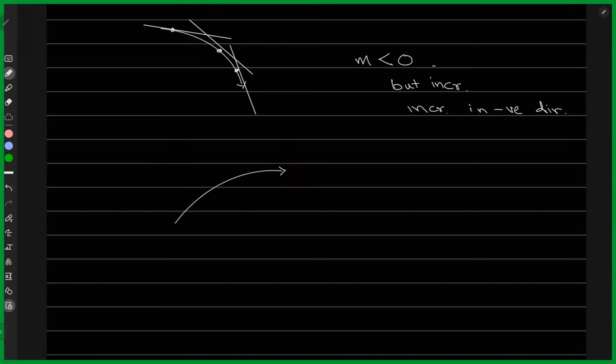Okay, so there's another shape that looks like this. Achha, in this one, you can have these points and draw tangents at these points firstly. At this point, the tangent is almost horizontal. Okay, so what is happening to the gradient in this one?